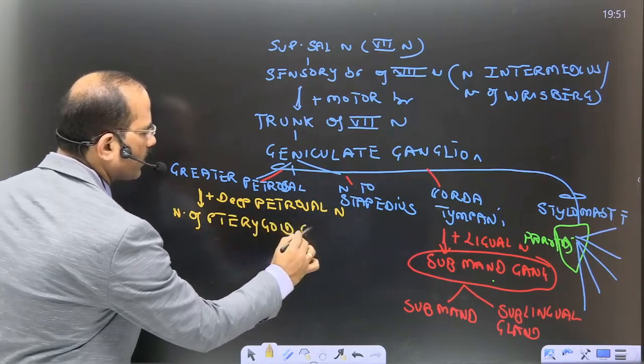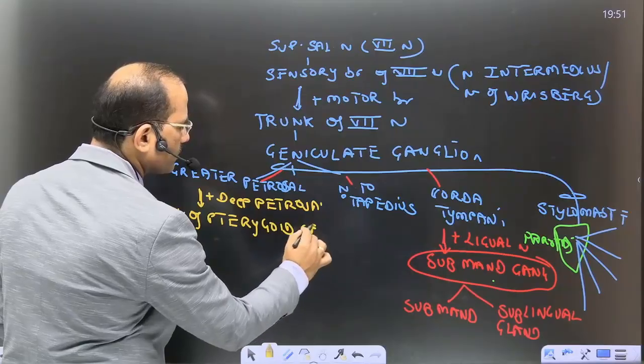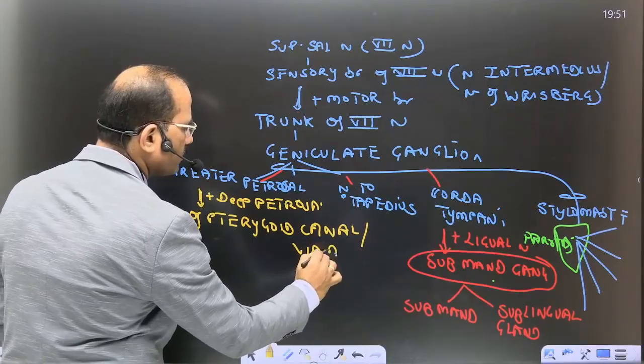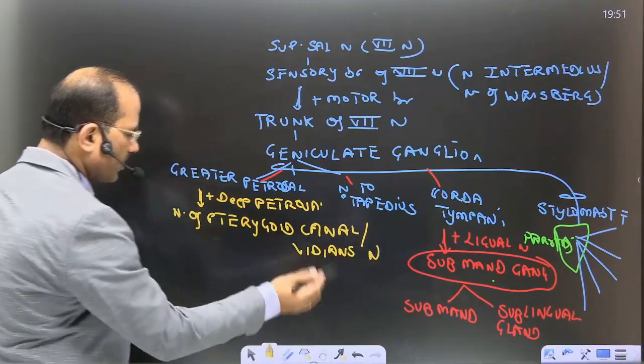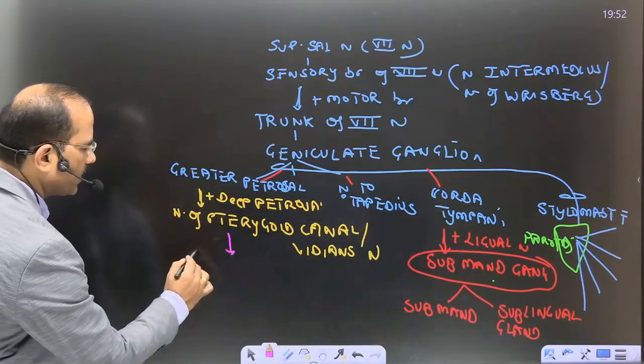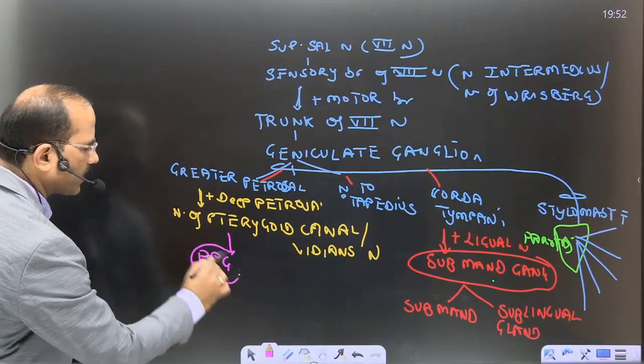The nerve of pterygoid canal is also known as Vidian's nerve. Now this nerve of pterygoid canal will come and relay in the pterygopalatine ganglion. Right?